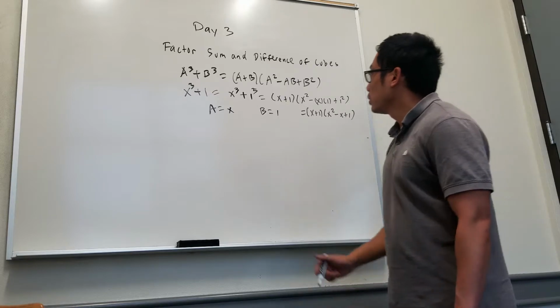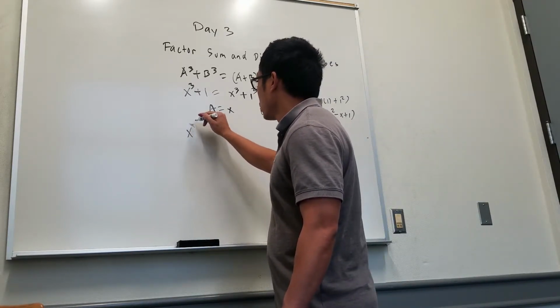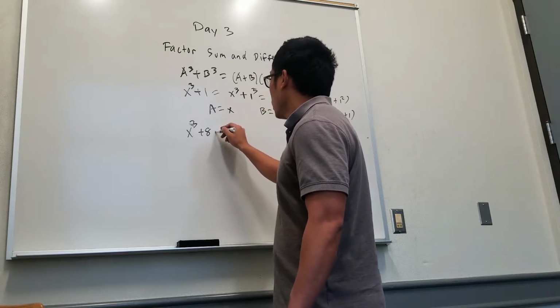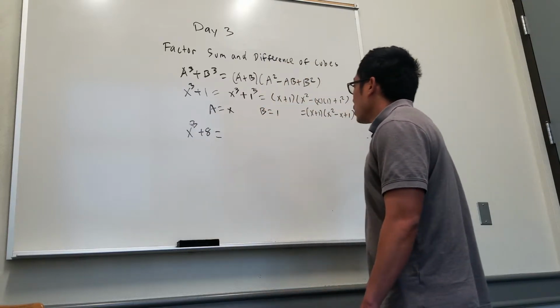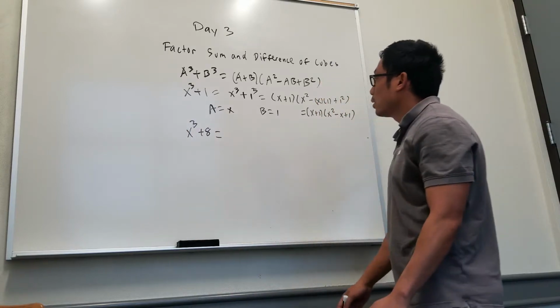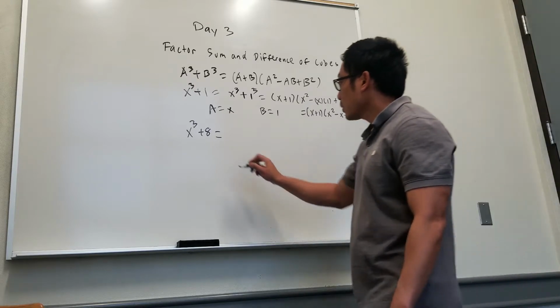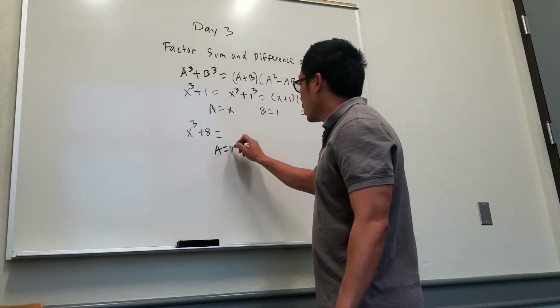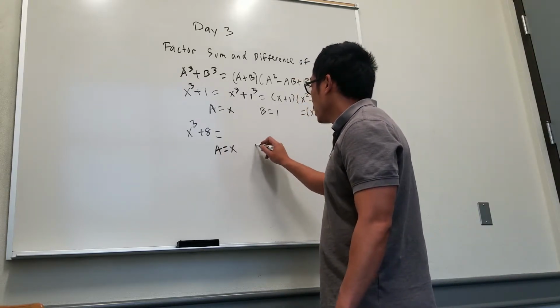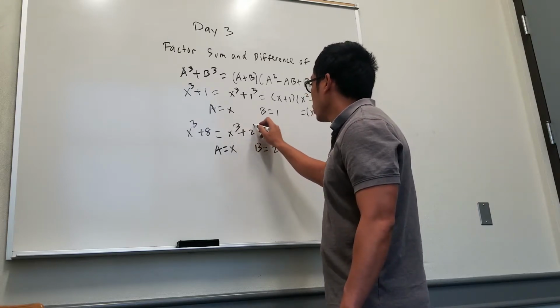Okay, let's do another example. This is the cube, x cubed plus 8. See if you can try it out. So a is equal to x, right? What is b? What do you think b is? 2, right? It's in this form: x cubed plus 2 cubed.